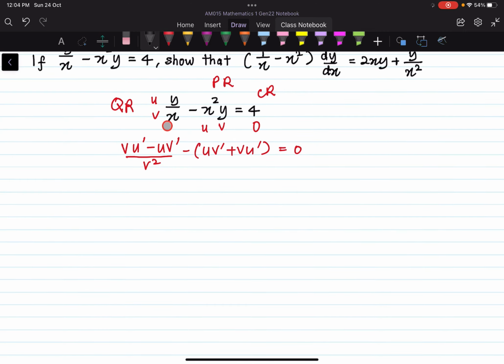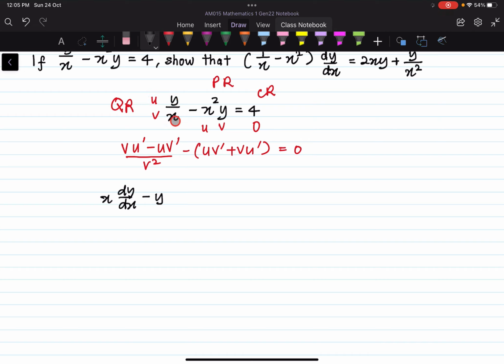So the v, which is x, times the derivative of y with respect to x, which is dy dx, minus u, which is our y.